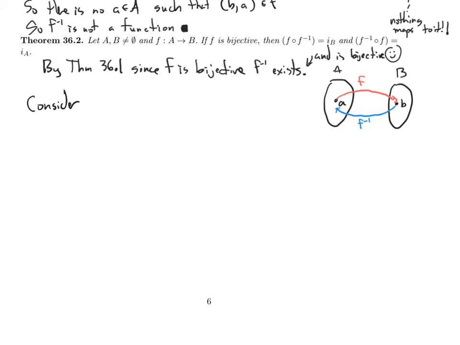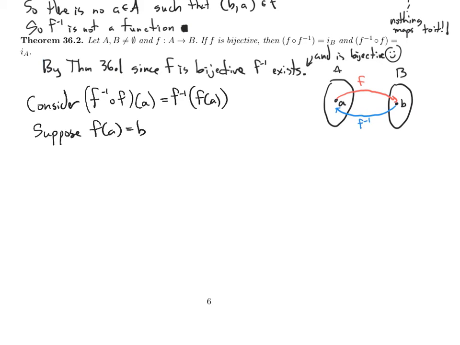Okay, so now let's consider the first one. Let's do F inverse of F of an element A. Now suppose that F of A equals B, then of course F inverse of B equals A by the definition of inverses.